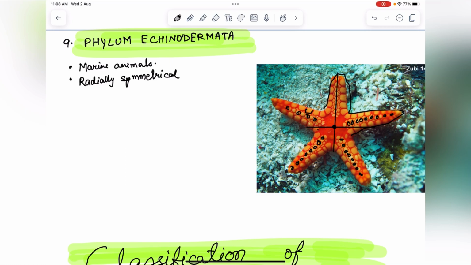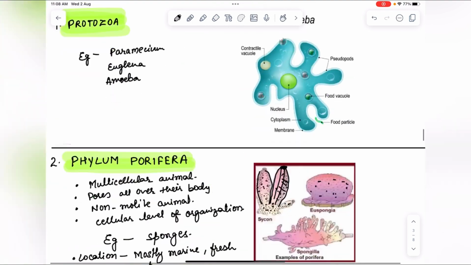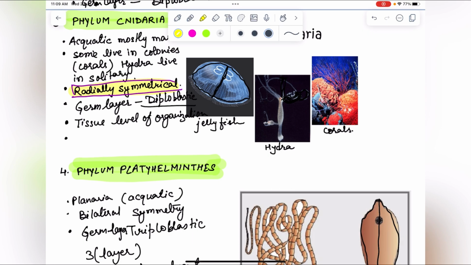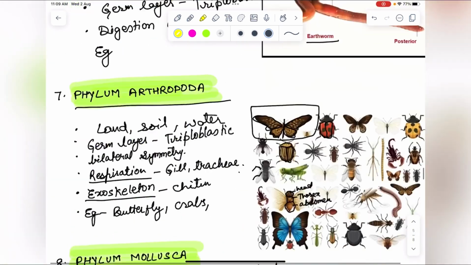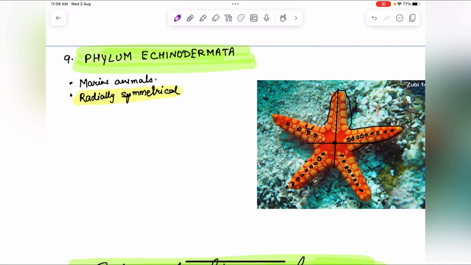We have studied phylum Cnidaria also. They are also radially symmetrical. Radially symmetrical means they have similar parts, usually 5, 1, 2, 3, 4, 5, arranged regularly around the center.